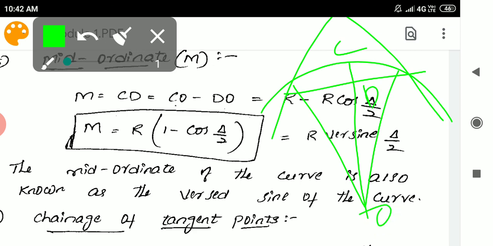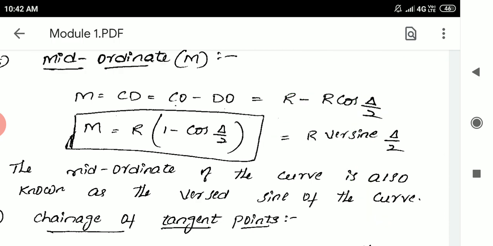That is R minus R cos delta by 2. So the mid ordinate is R versine delta by 2, since 1 minus cos delta by 2 is the versine.